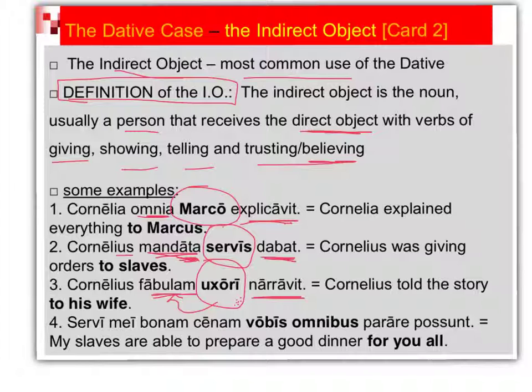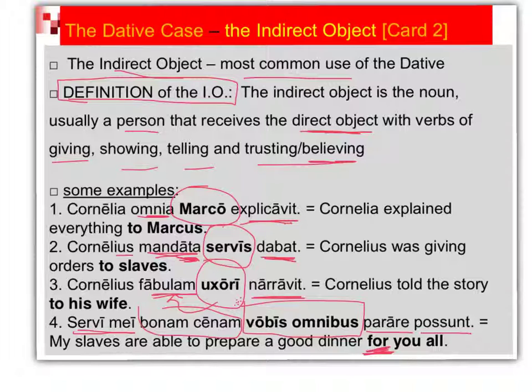Number 4, servi mei, my slaves, possunt, are able to prepare bonam cenam, a good dinner, and here's our dative, vobis omnibus, for you all. So here we're using the "for" translation, whereas in the previous examples we used the "to" translation.